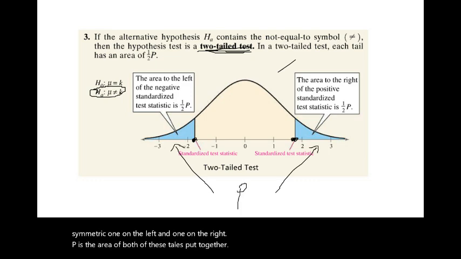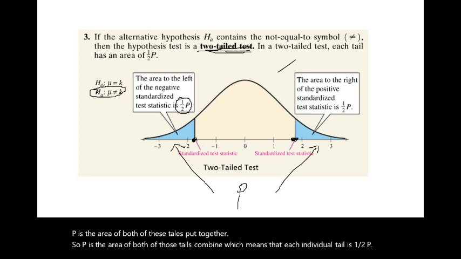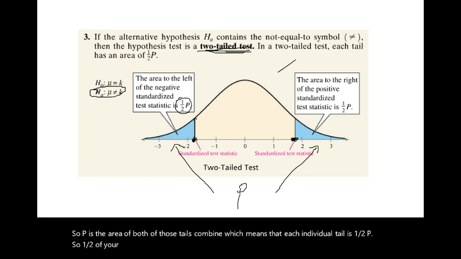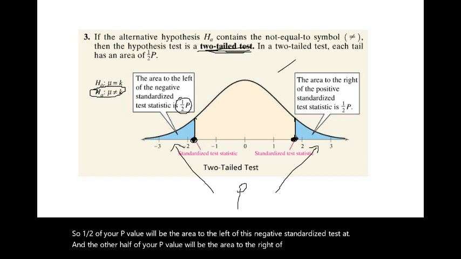So P is the area of both of those tails combined, which means that each individual tail is 1/2 P. So 1/2 of your p-value will be the area to the left of this negative standardized test stat, and the other half of your p-value will be the area to the right of this positive standardized test stat.